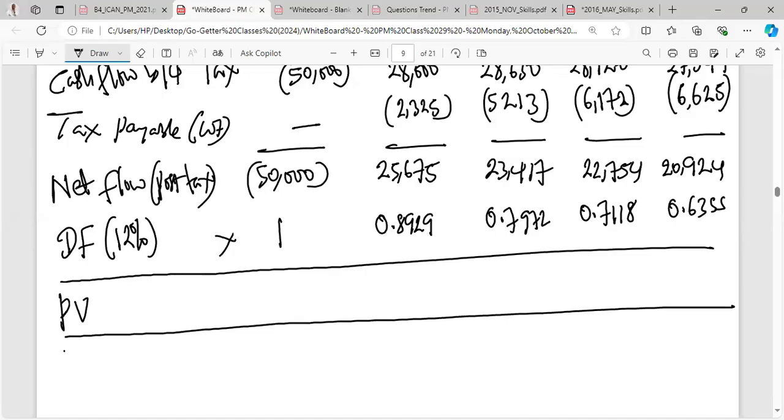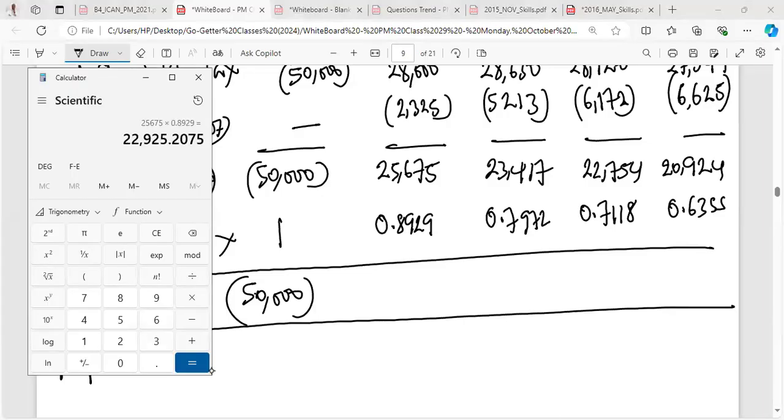Then of course you have your net present value. So this is going to be 50,000, and 25,675 multiplied by 0.8929 gives 22,925.